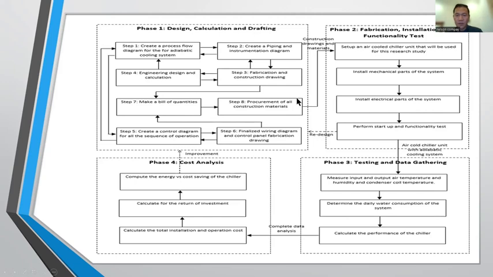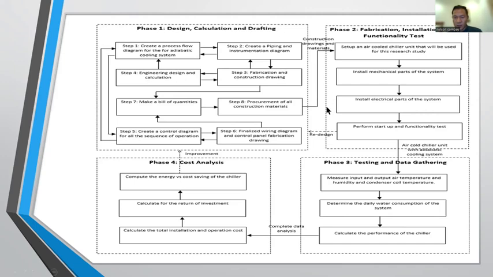So the output of phase 1, which is the construction drawing and material, will be used in phase 2, which is the fabrication, installation, and functionality test of the adiabatic cooling system.